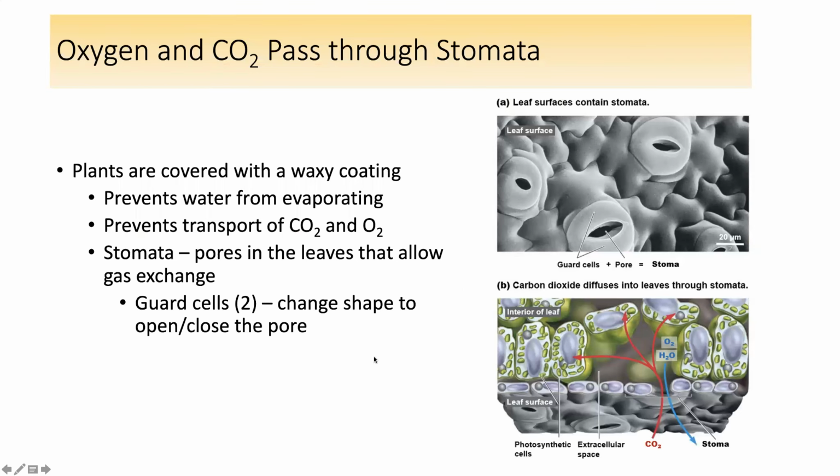So just to go over a little bit about what's happening with the plants and some of their anatomy here, recall that in our last lecture we talked about the enzyme rubisco, and rubisco was able to either bind with carbon dioxide or oxygen in its active site.